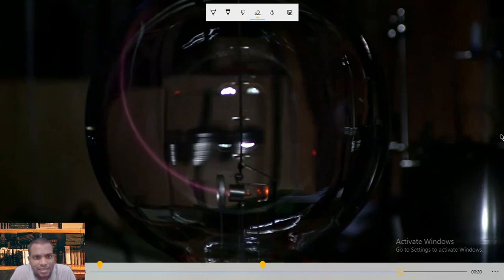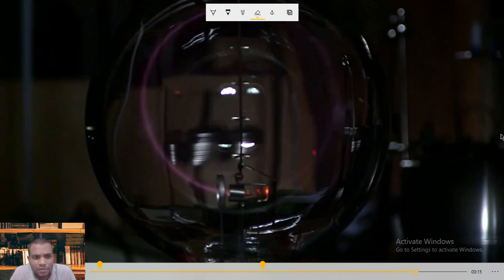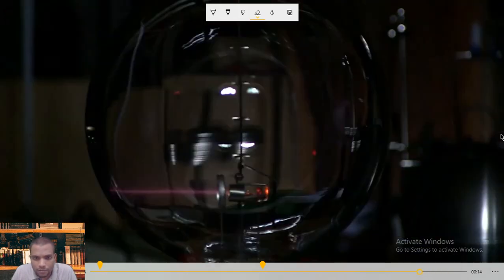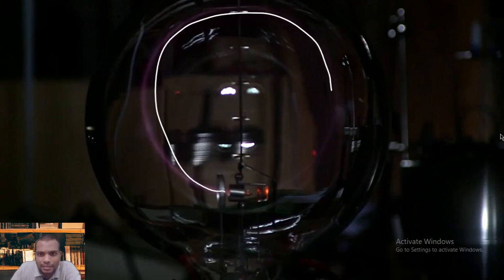If we increase the strength of the magnetic field, it is very beautiful. Now the electron beam became exactly a circle. If we decrease it, again it becomes flat. I would like to see that one more time. It's very beautiful to watch. The interaction of the magnetic field with the moving electrons causes the circular path here.